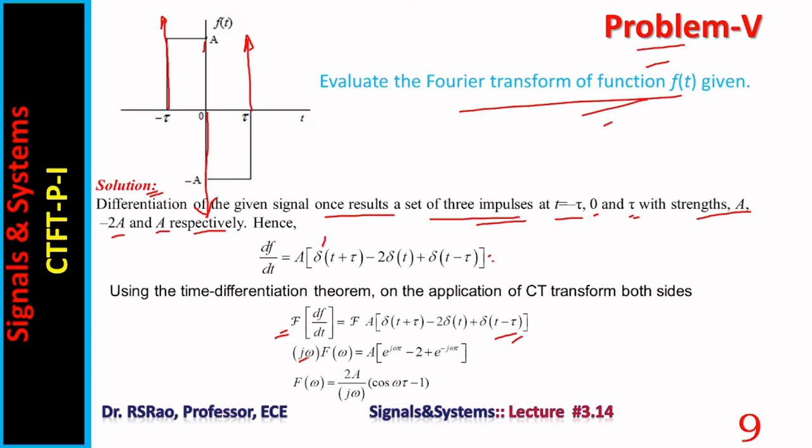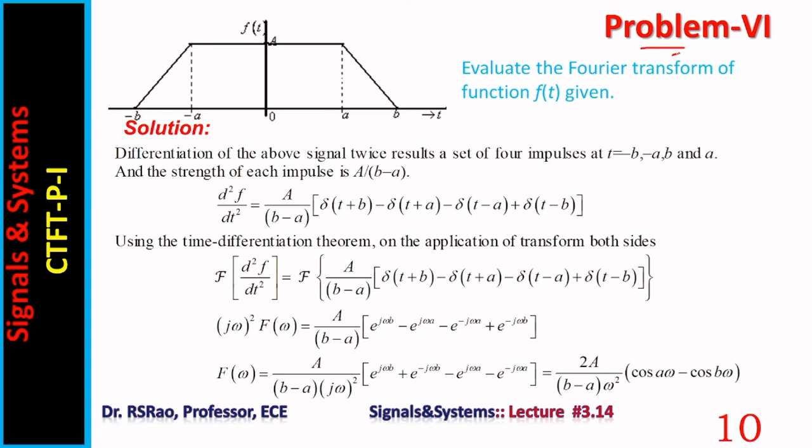On the left side we get j omega F of omega, and the right side is a [e power j omega tau minus 2 plus e power minus j omega tau]. After taking j omega to the right side and doing a little bit of manipulation, it gives F of omega as 2a by j omega times (cos omega tau minus 1).